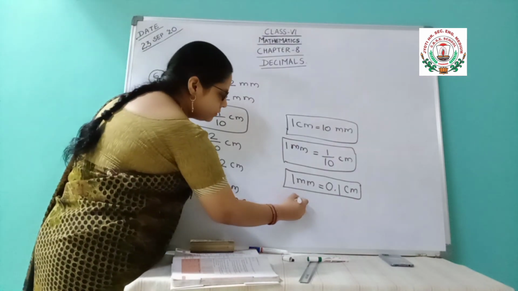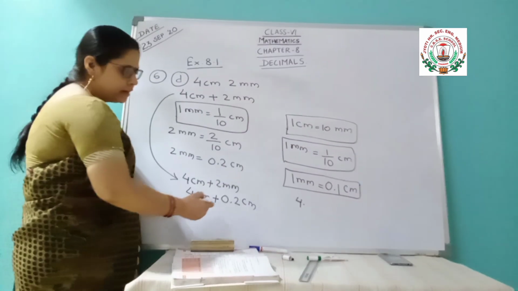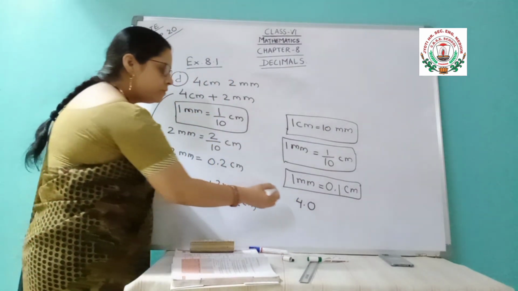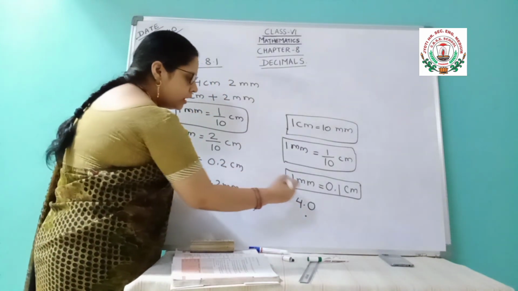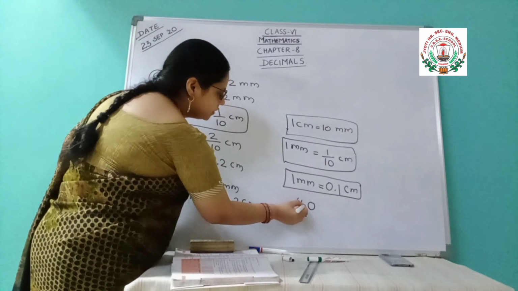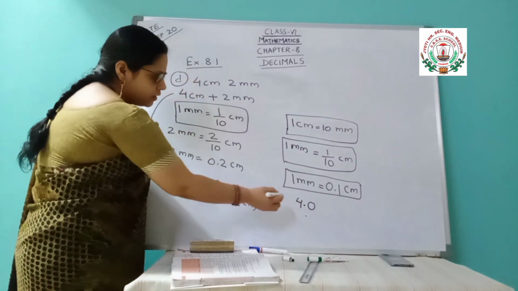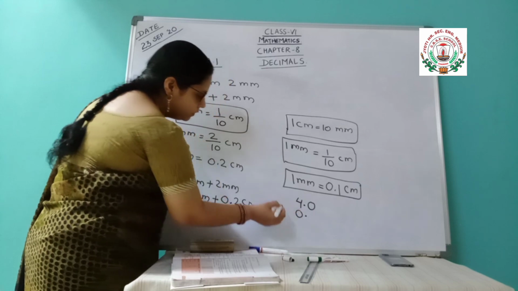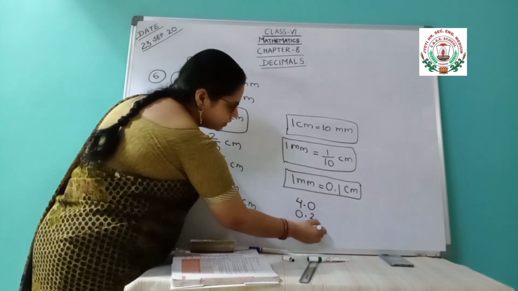Okay, do you know how to do addition? If 4 is not given in decimal, you can write it as 4.0. For adding decimals, we keep decimal below decimal and adjust the digits accordingly. Now it is 0.2, decimal below decimal. The digit before the decimal is 0, so 0 below 4, and 2 after the point.